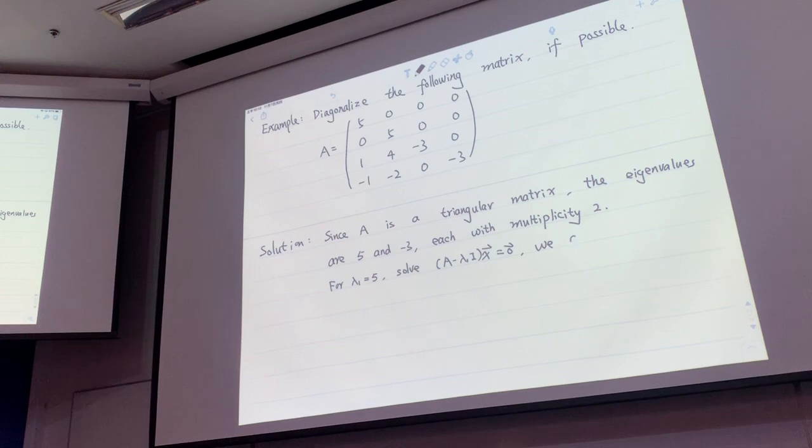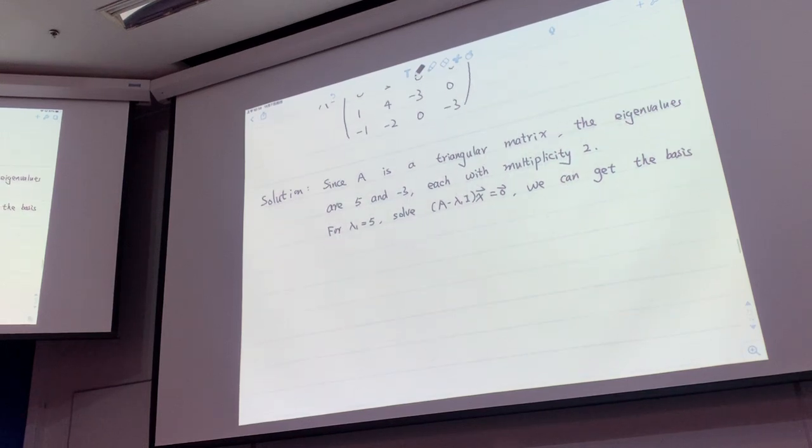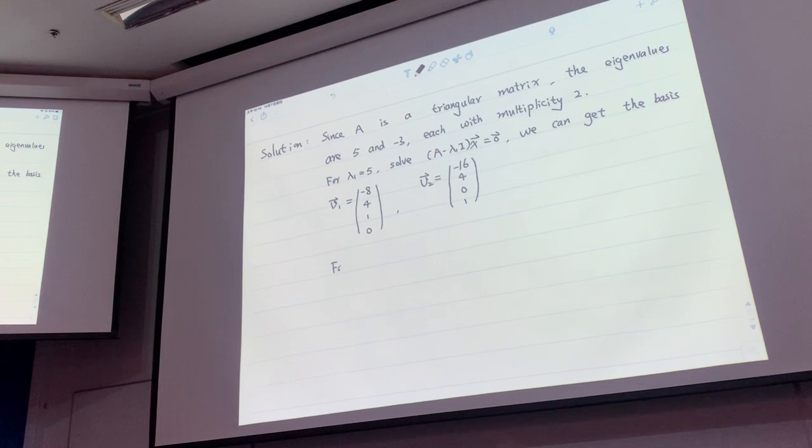We can get the basis V1, V2. For lambda 2 equal to -3, solve (A minus lambda 2 I) x equal to 0.